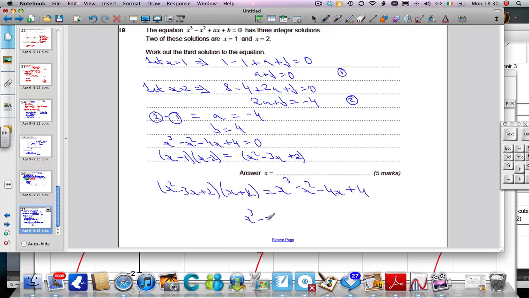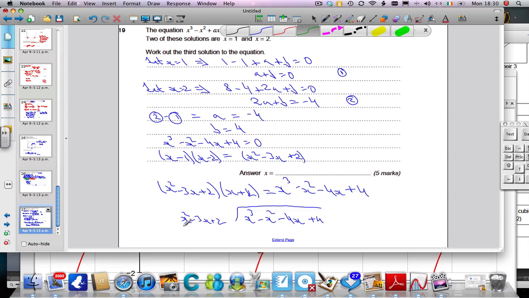X cubed minus x squared minus 4x plus 4, and I could do some long algebraic division. I'm going to divide that by x squared minus 3x plus 2. When you're doing algebraic long division, you're always only concerned with the first term.